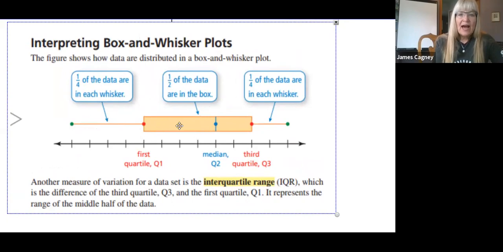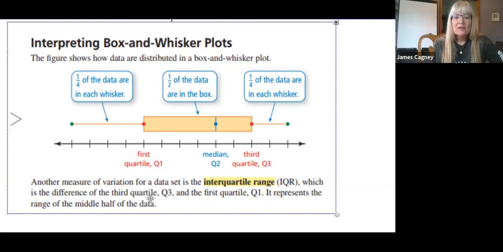A total of half the data is in the box. But remember, 1/4 of it is really down here between Q1 and Q2. Another 1/4 of it's between Q2 and Q3. So when I add that together, I get half in the box. And then I have another 1/4 of it in this whisker.